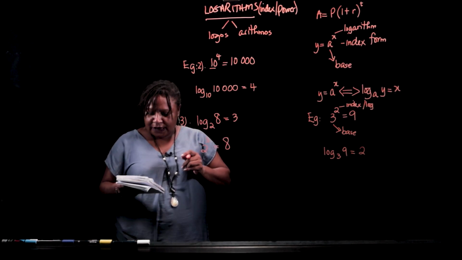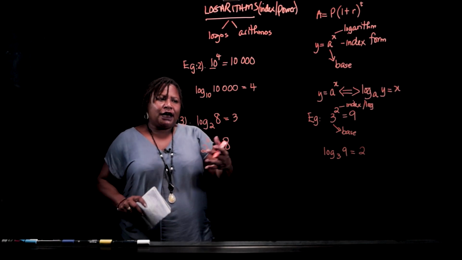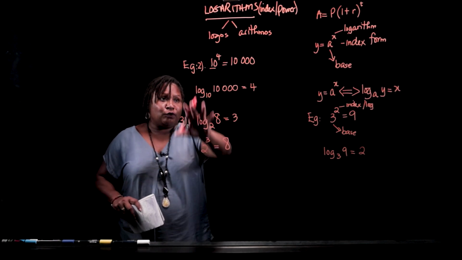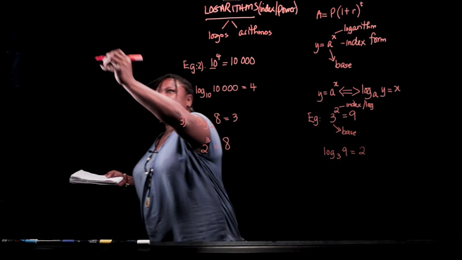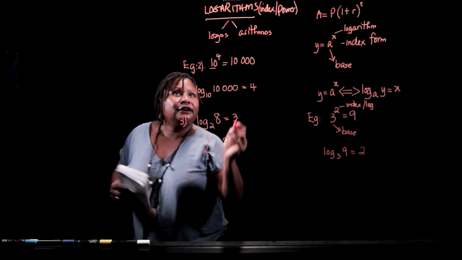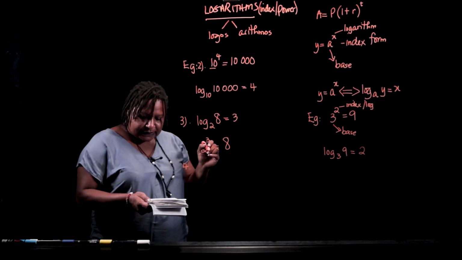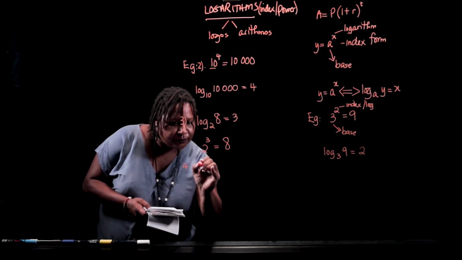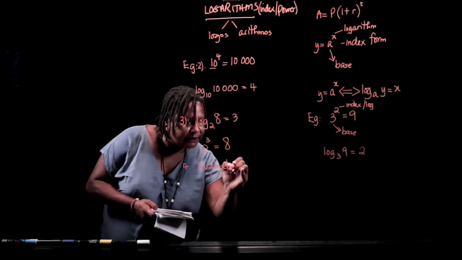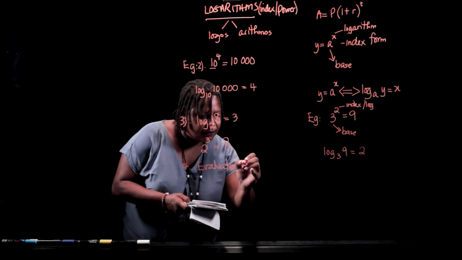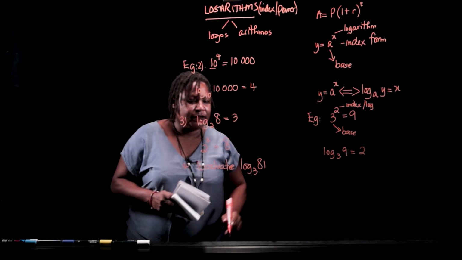Okay? Now, let's go to something a little bit more than what is given here. This is very basic. Now, example 4, excuse me. Let's have a look at evaluating log of 81 to base 3.